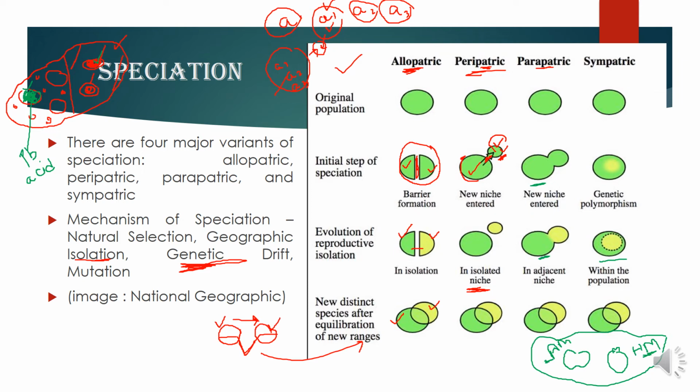Though there is no barrier and they are growing in the same climatic condition, two species were formed, because the apple maggot and the hawthorn maggot developed different phenological cycles, which means the apple maggot develops and becomes sexually mature at a much different time from the hawthorn maggot.